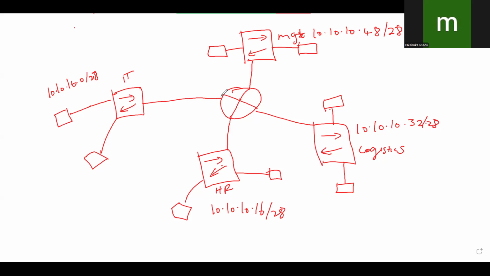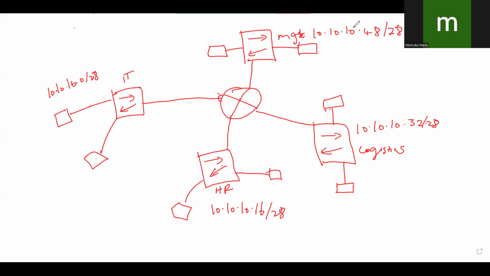So on each interface, we are going to assign an IP from the range of that department. For the one connected to IT, you take one IP address from this network and assign it to the interface.